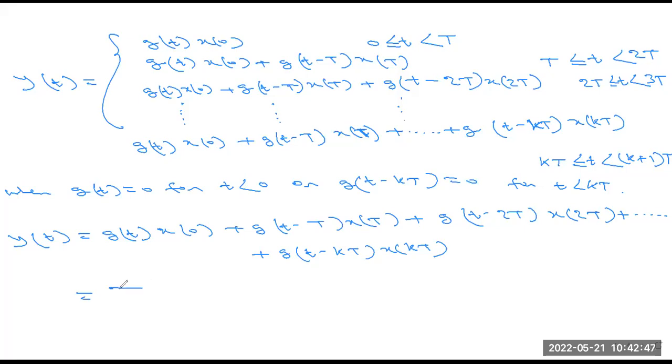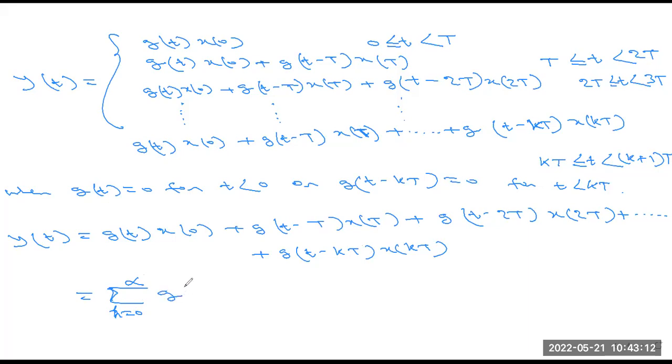Now we write this as the summation of h from 0 to infinity, or 0 to k, which are the same thing because k is in the range 0 to infinity.